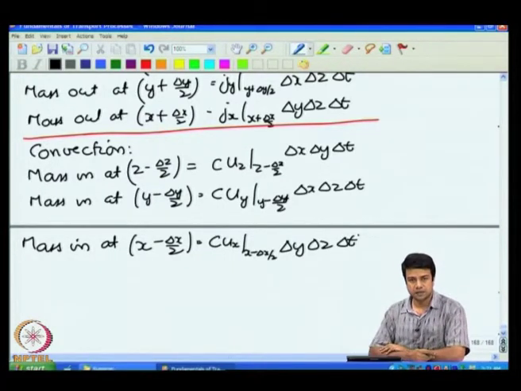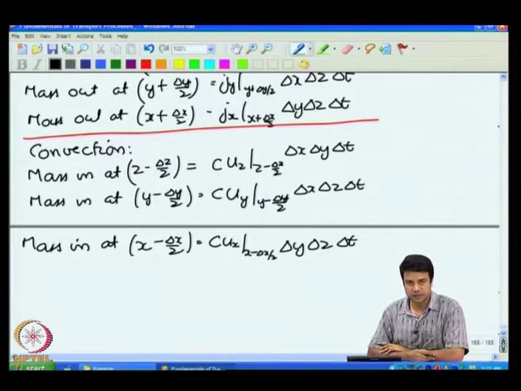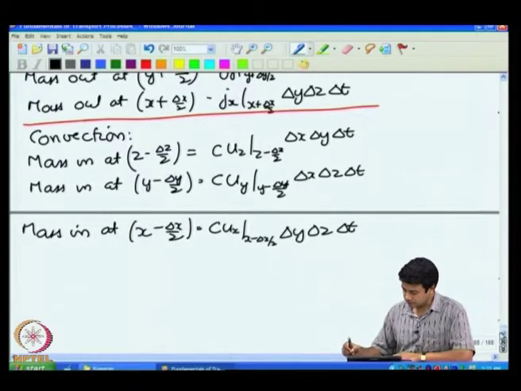The mass in at the rear surface at x minus delta x by 2. One can similarly write down expressions for the mass that is leaving.